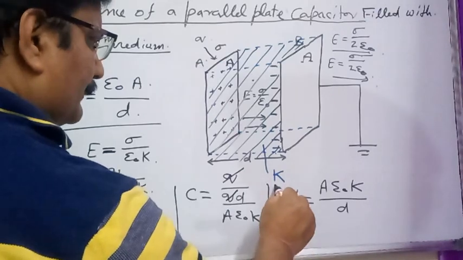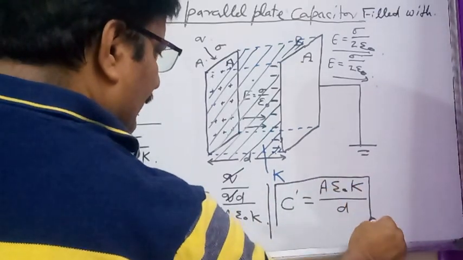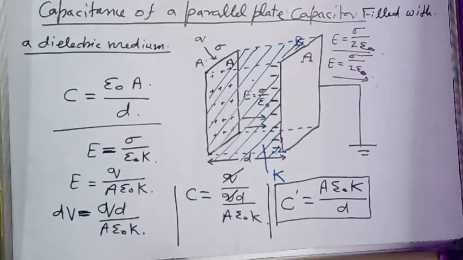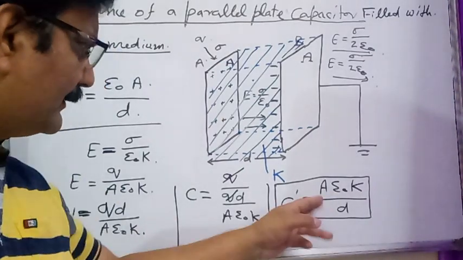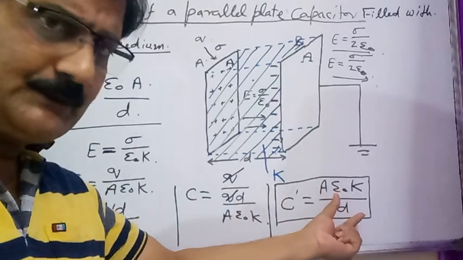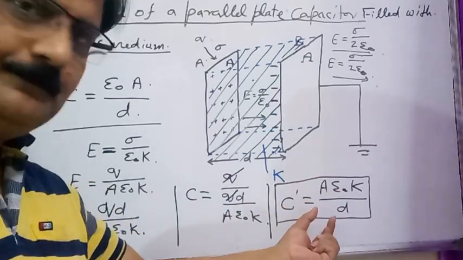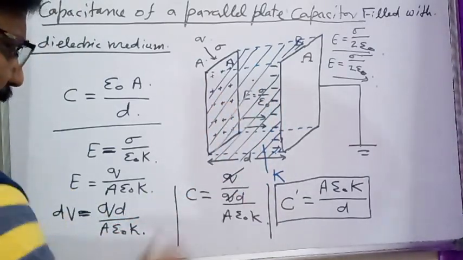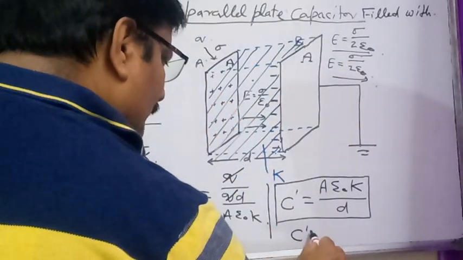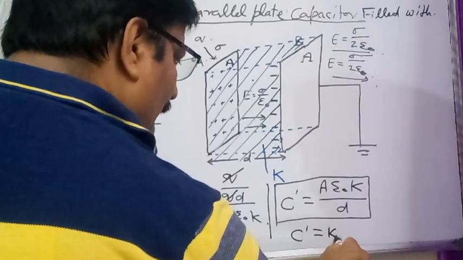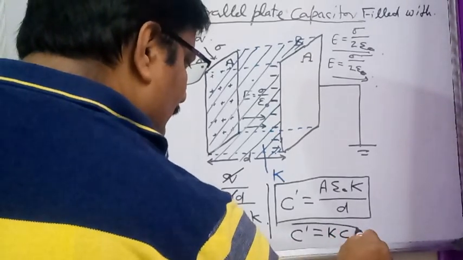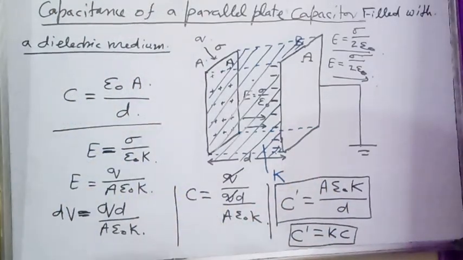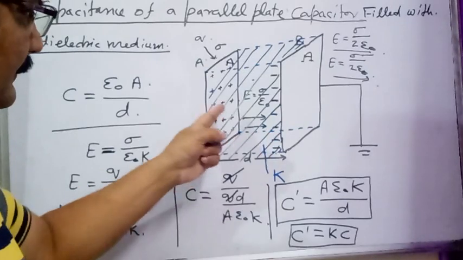So if the whole space between the plates is filled with a dielectric medium of constant K, the capacitance becomes K times its value in the presence of air. So this can be written C dash equals K into C, where C is the capacitance of the capacitor where the space between the plates is air.